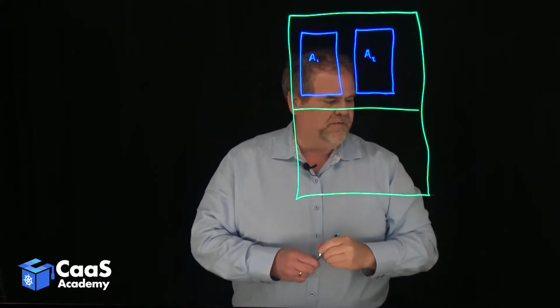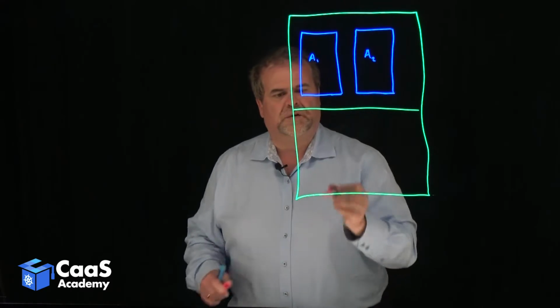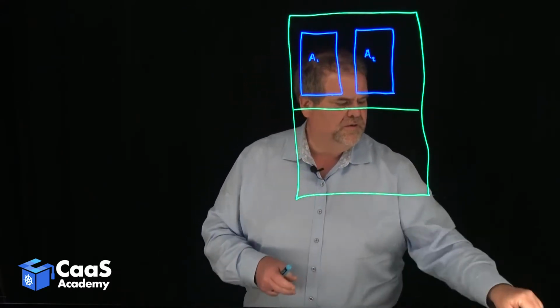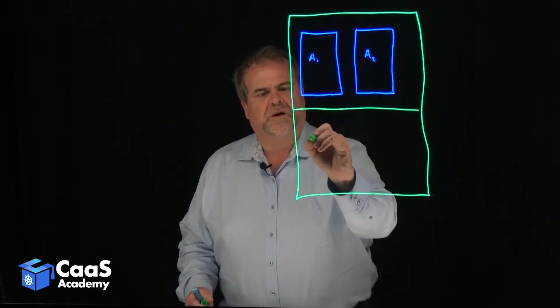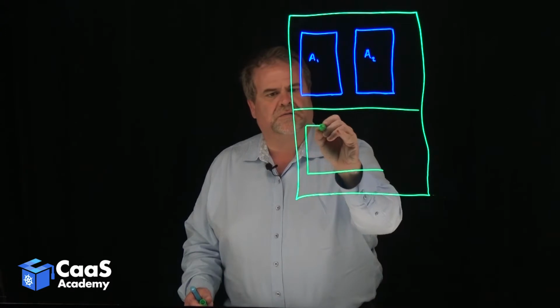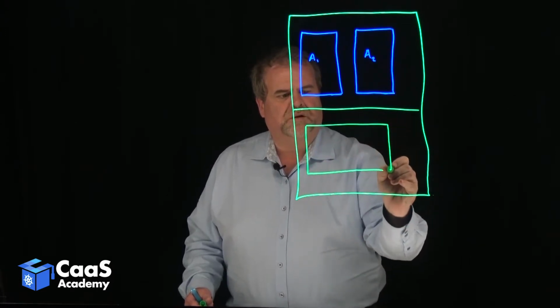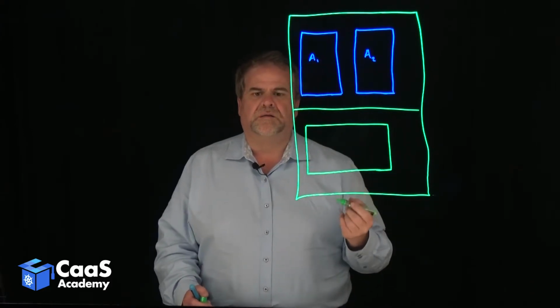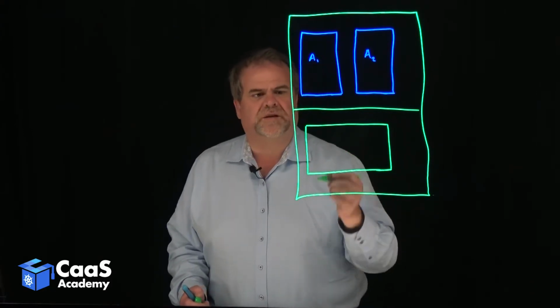And I'm going to have down here in the kernel, I'll stay with the green, the networking engine, standard kernel networking, and I'm going to represent that routing table now just as literally a table.